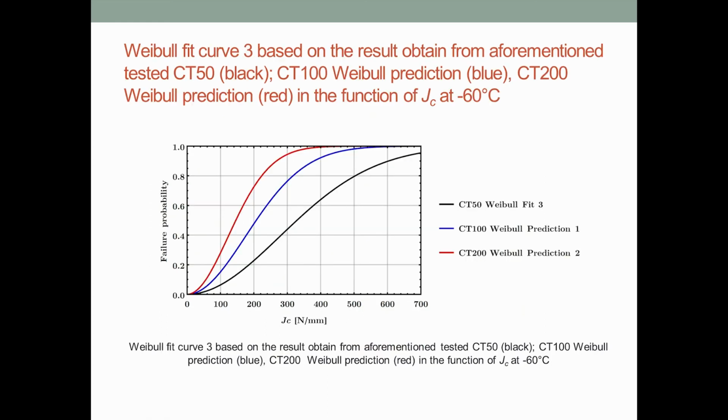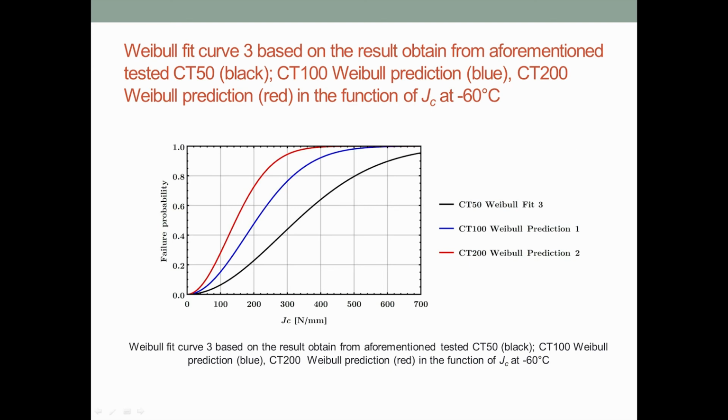By unifying the results of CT50 specimen tests with repeated Weibull distribution fitting, we get a new failure probability curve as is shown on this figure. The black line is the new Weibull fit for CT50.